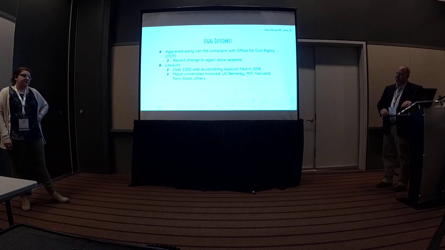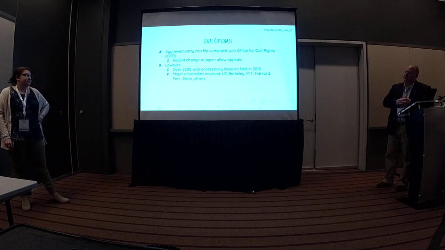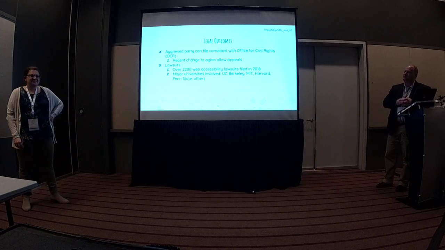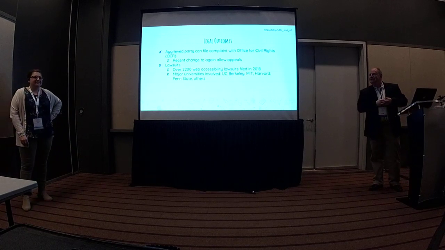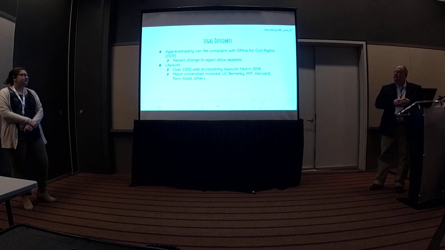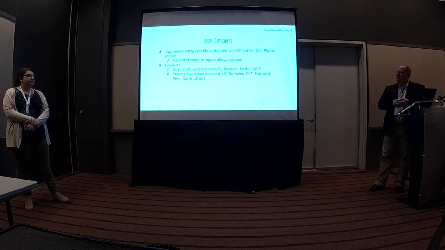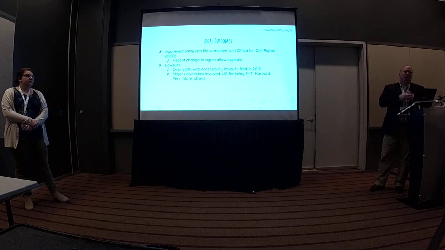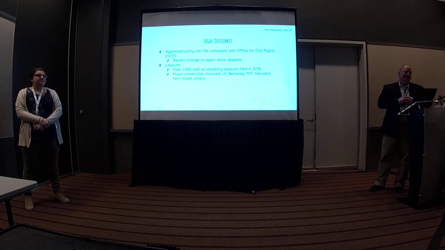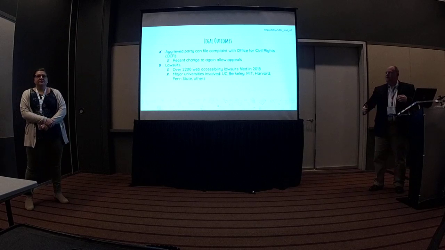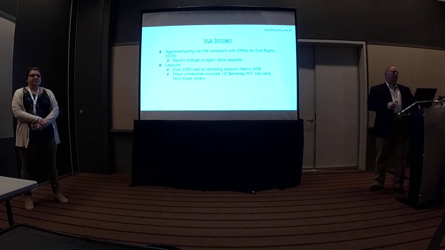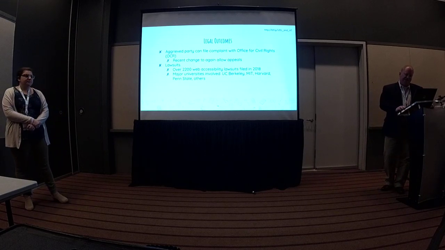And then, of course, we're in America, so lawsuits. In 2018, Section 508 was made a little more detailed as to what providers of information have to provide. So lawsuits shot up. There were over 2,200 lawsuits filed in 2018.